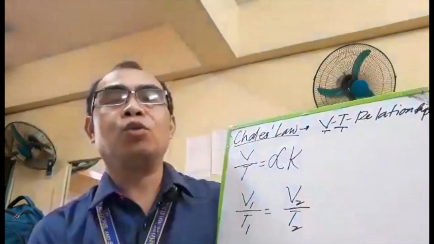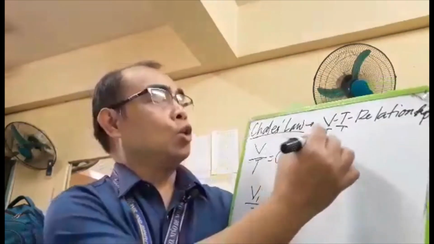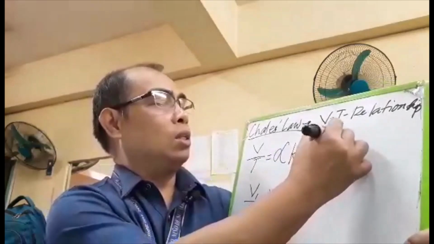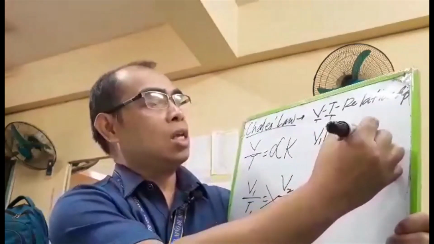What if we are going to look for the final temperature? Cross multiply, so we have V1 T2 is equal to V2 T1.